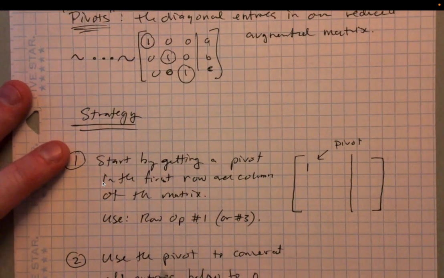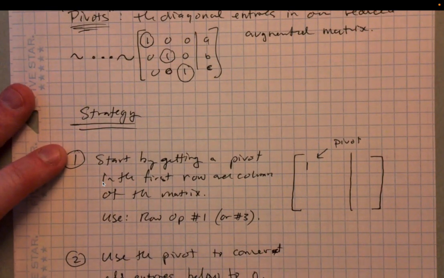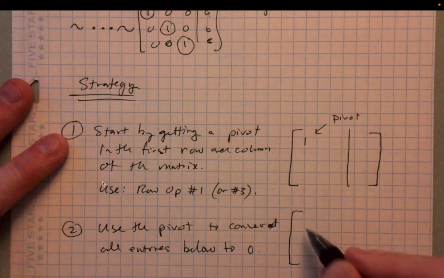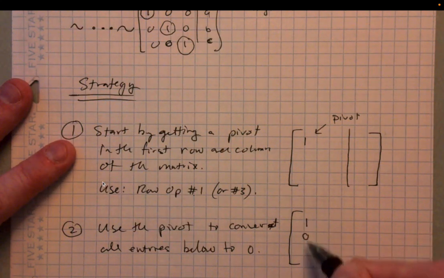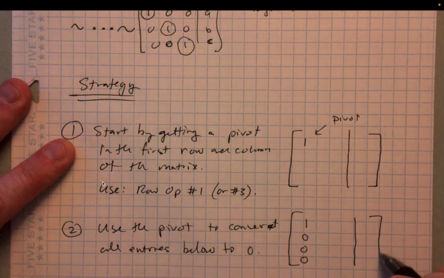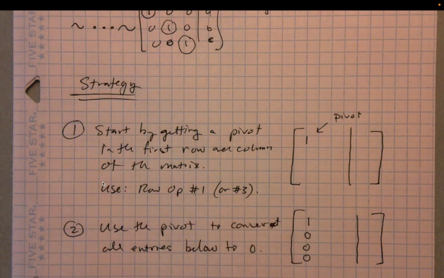That means you'll have a 1 and then 0, 0, 0. We don't know how many rows are in here, but this is just a schematic so you can see the idea. So you convert everything below the pivot to 0.